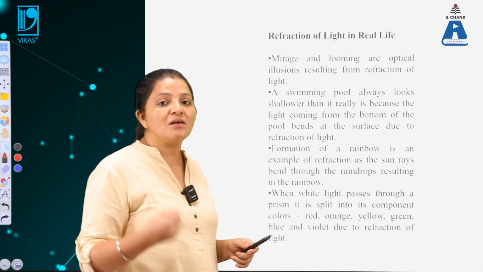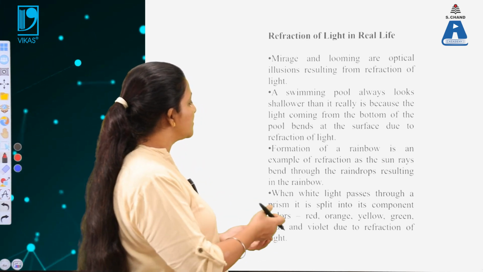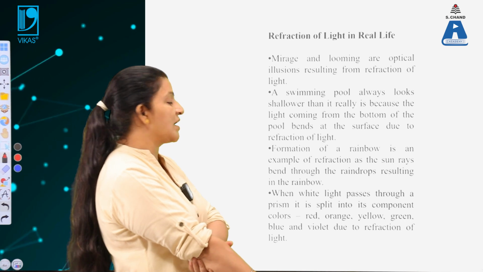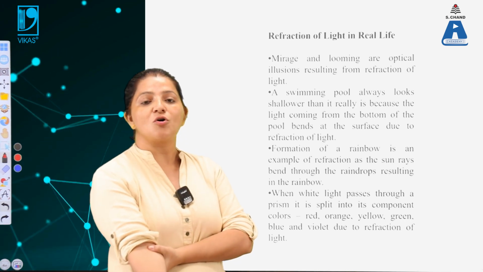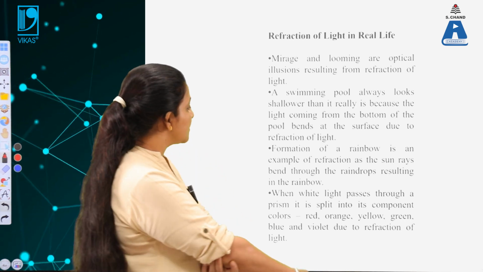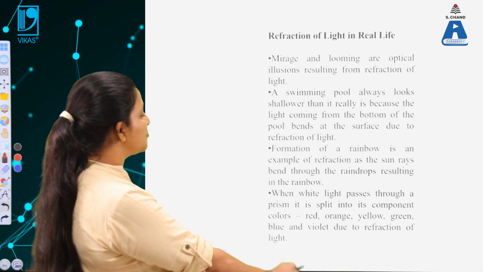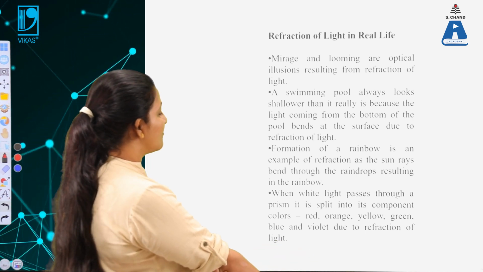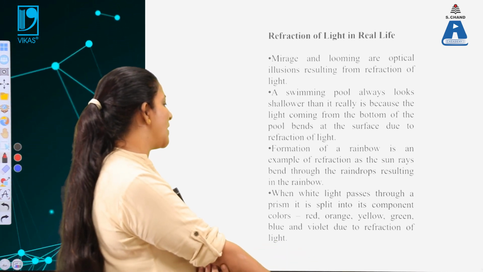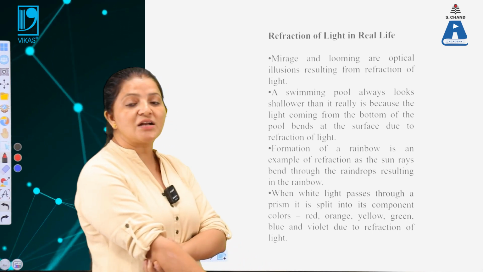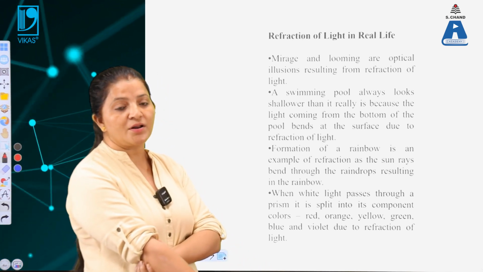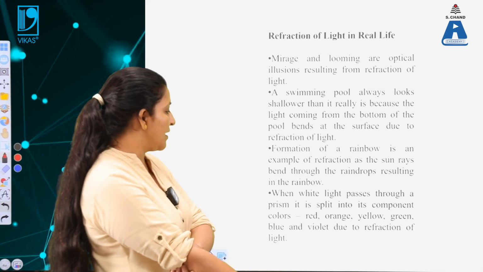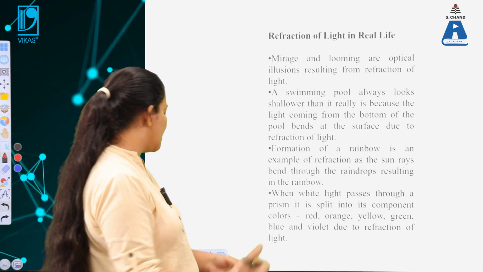So that is the main reason why we see the formation of rainbows. Also, when white light passes into a prism, it gets split into different components. There we get red, orange, yellow, green, and different colors.